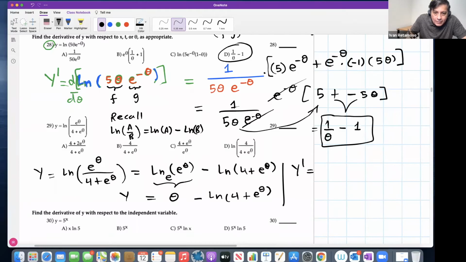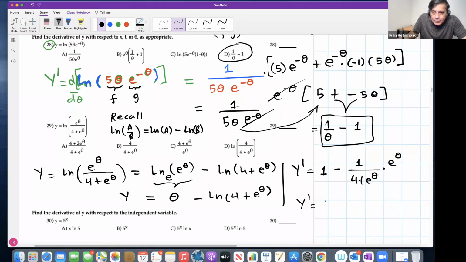If you take the derivative, derivative of theta, identity function, 1, minus derivative of this, 1 over the argument 4 plus e to the theta, times derivative of the inside function, derivative of 4 is 0, derivative of e to the theta is e to the theta. That's right.